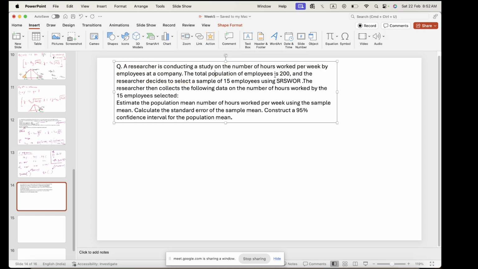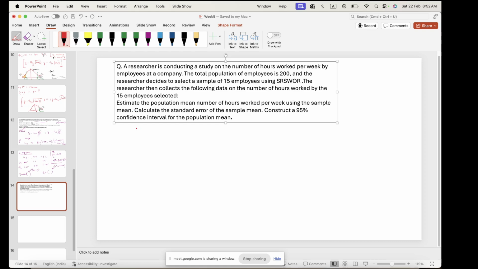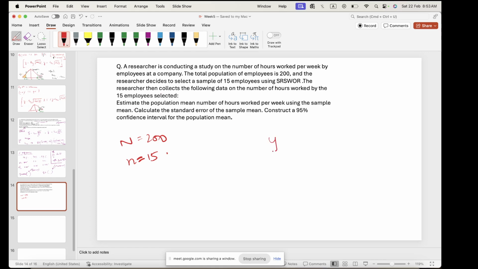Total population of employees is 200, so capital N is equal to 200, and the researcher decides to select a sample of 15 employees using SRSWR, so small n equal to 15. Estimate the population mean number of hours worked per week. Whatever I have, let's say y bar, this is actually mean of y.